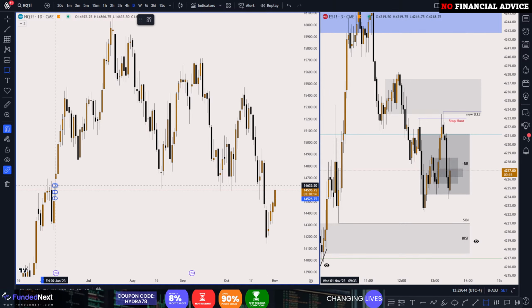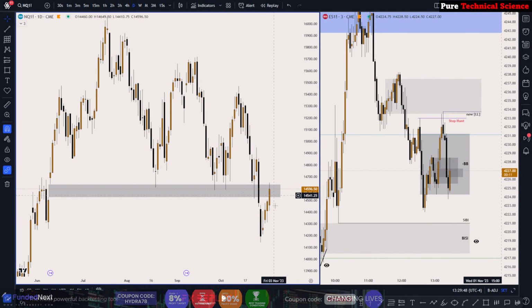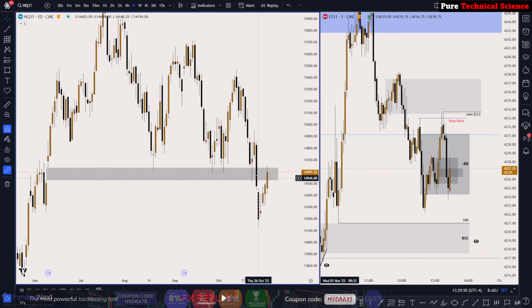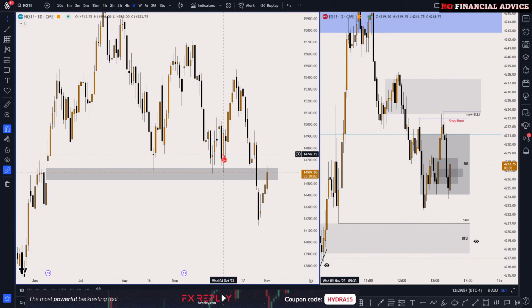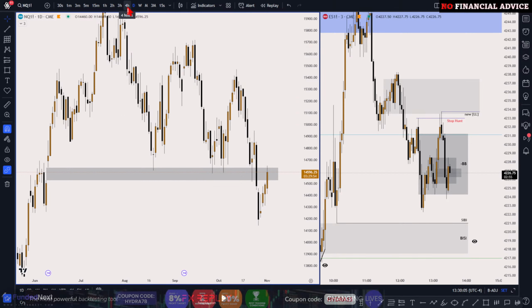So I'm going to mark this liquidity void. Now the price is trading inside it. We also have this fair value gap alongside these breakers. On Dow, we watched price hitting this breaker, but on ES and NASDAQ, price is yet to hit these breakers. We will see what price does. We are not forcing any trade ideas, rather waiting for a high probability setup to form after FOMC.